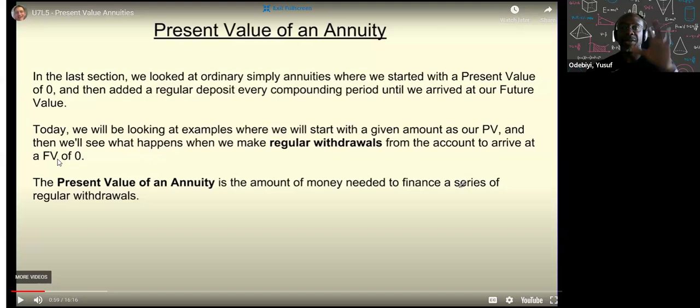It's not just straight dividing by how many years, because I also am going to have interest in there. So it's going to go down, but the interest will also bring it back up, so it's not coming down as quick. That's what we're looking at as well. It uses a different formula than what we learned for a regular simple annuity.